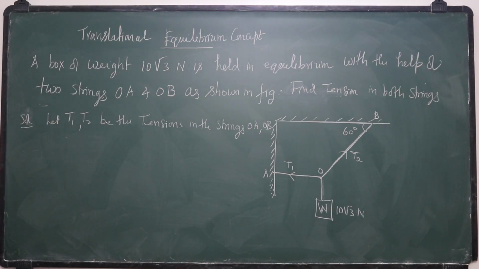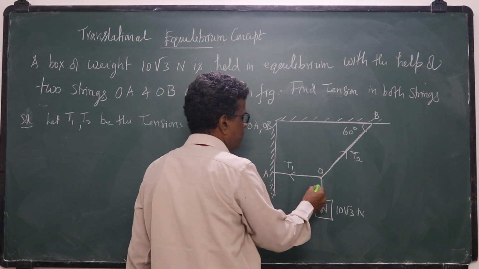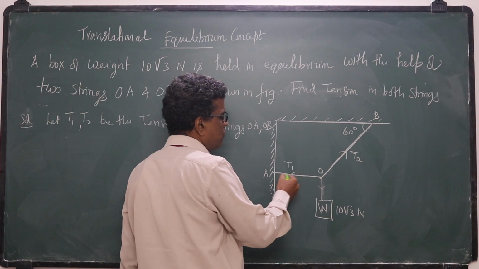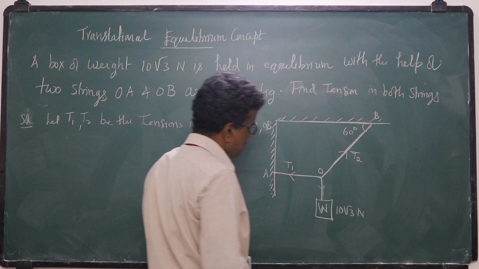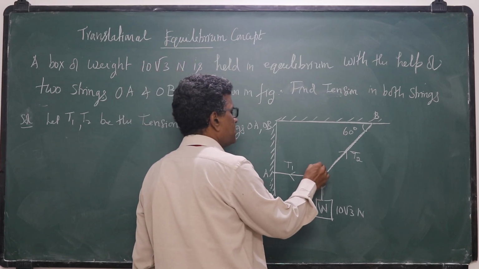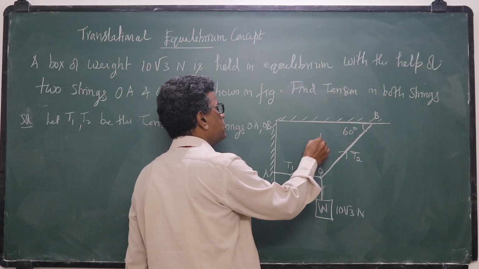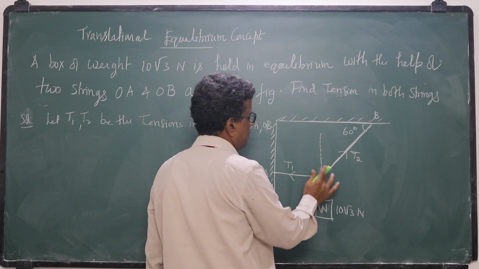Now, since this particle is in equilibrium, it is acted on by three forces: T1, T2, and T3, that is W, the weight. So we can use Lami's theorem directly.